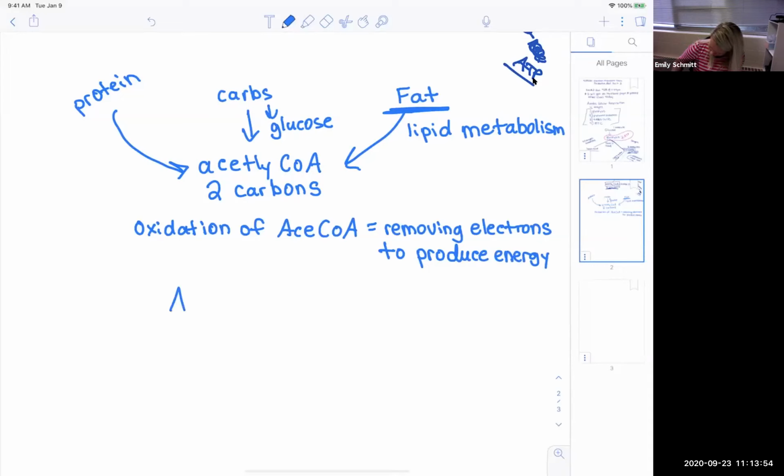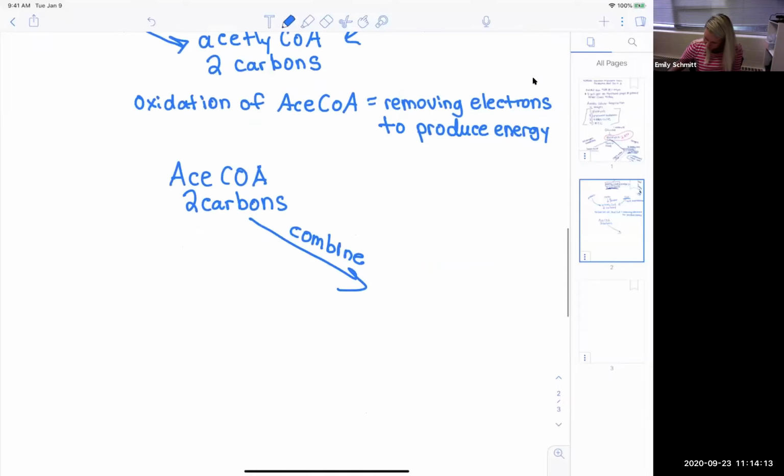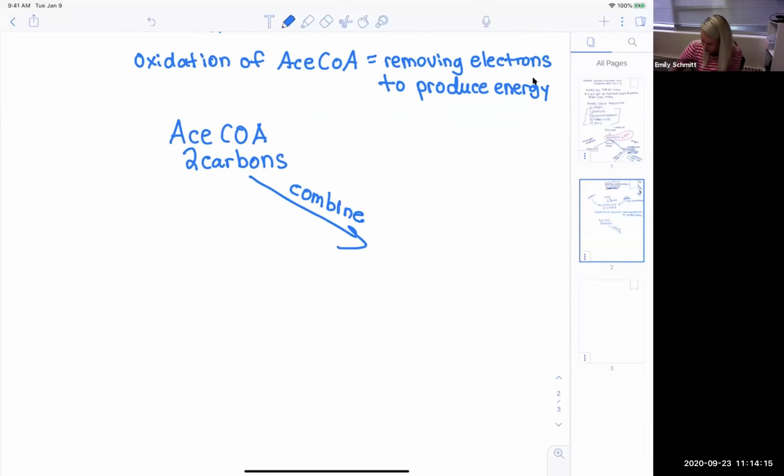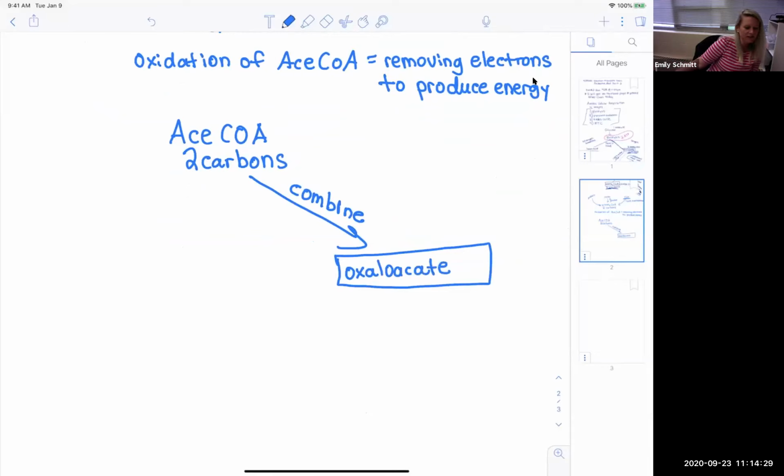So acetyl-CoA, I'm just going to write it again, is 2 carbons. And we know that acetyl-CoA is going to combine with oxaloacetate. Now, oxaloacetate is a 4-carbon molecule.